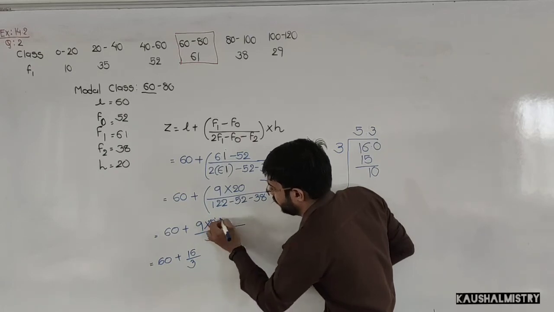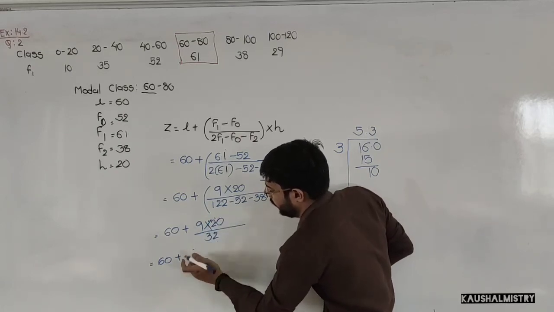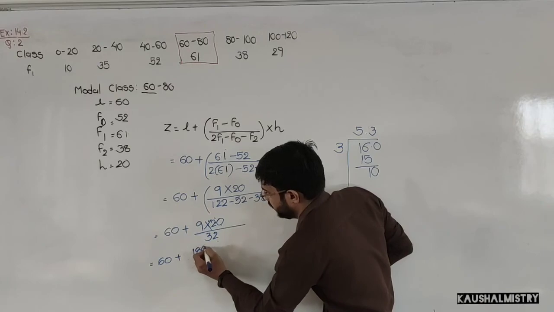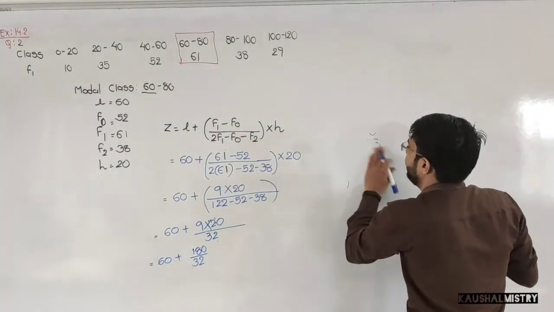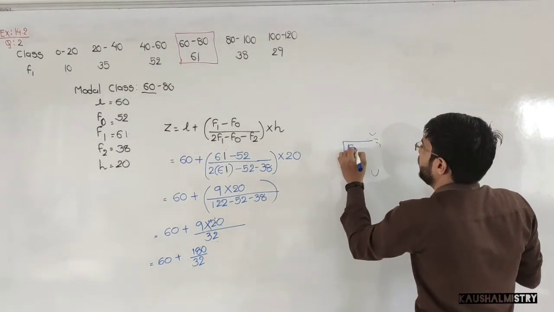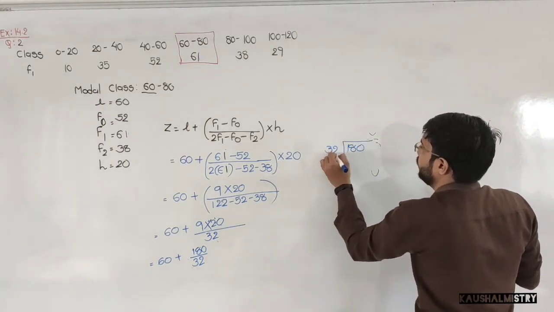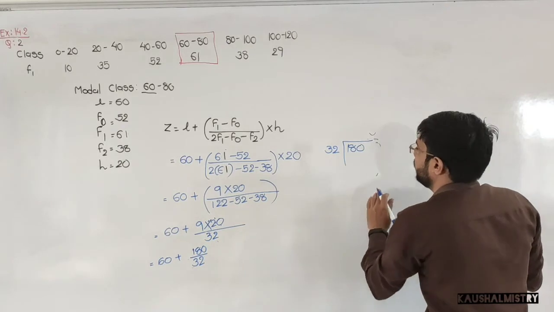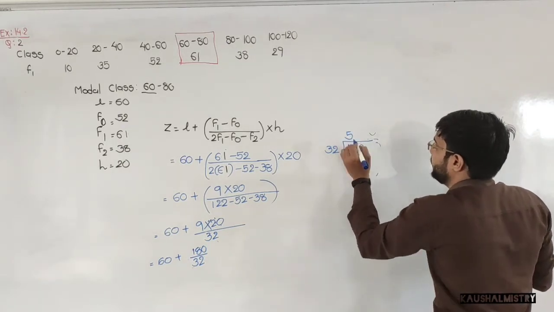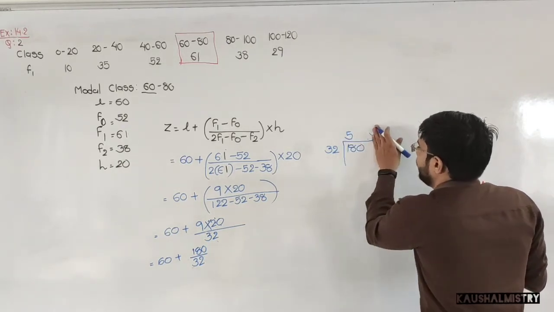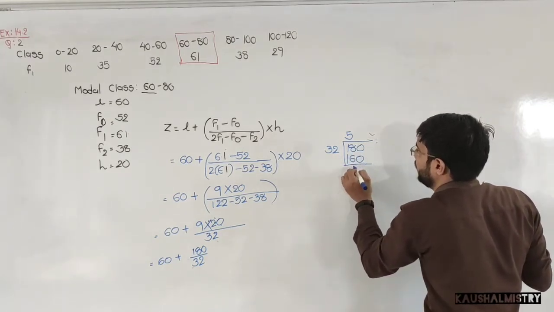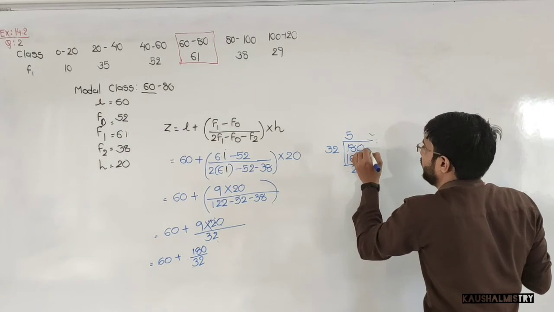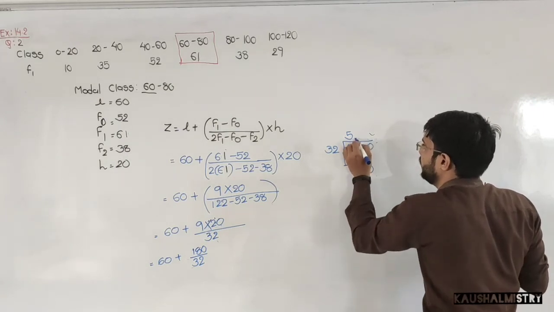So 180 divided by 32. We have to divide 180 by 32. So 32 5s are 160, 20, 0, 200.